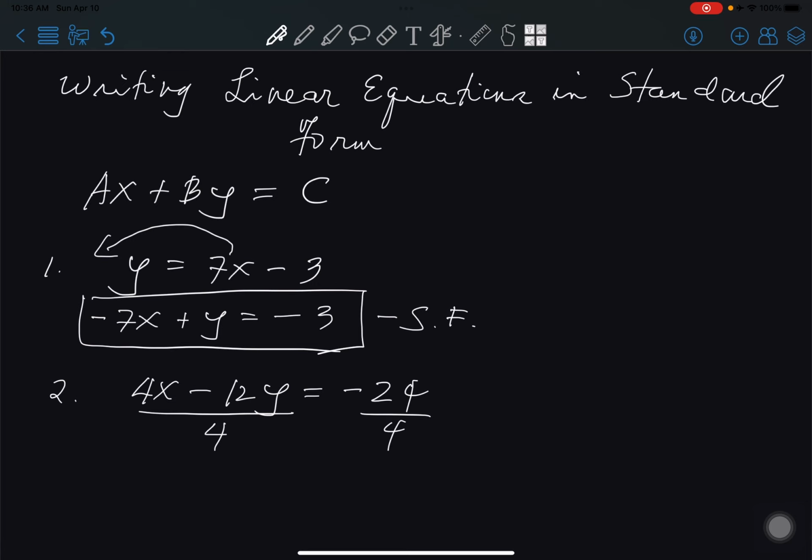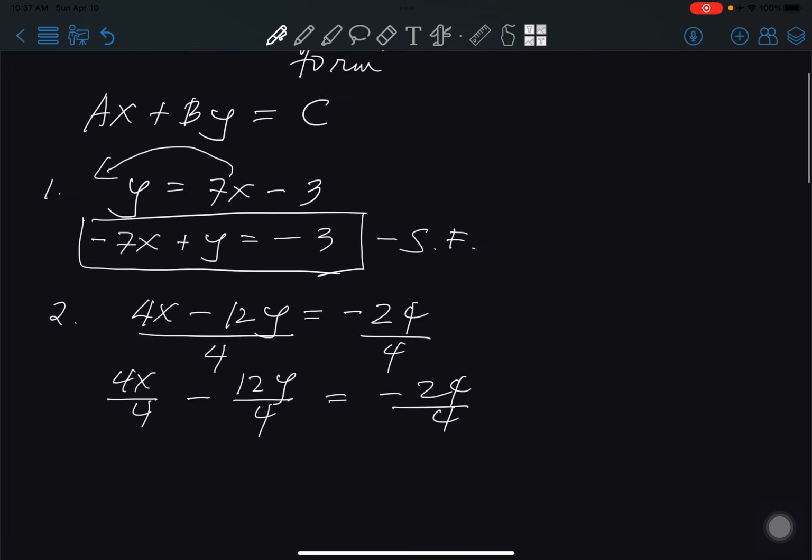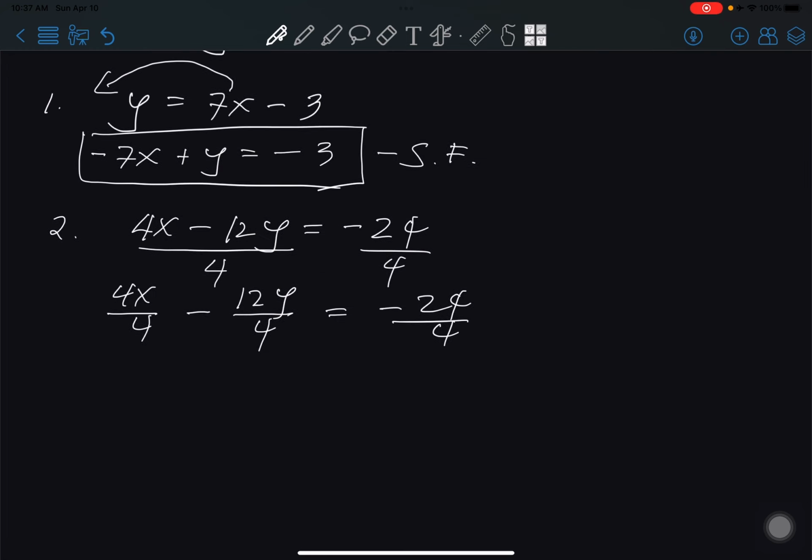So here we have 4x divided by 4 minus 12y all over 4 is equal to negative 24 all over 4. We just have to divide them. So we have x minus 3y equals negative 6.